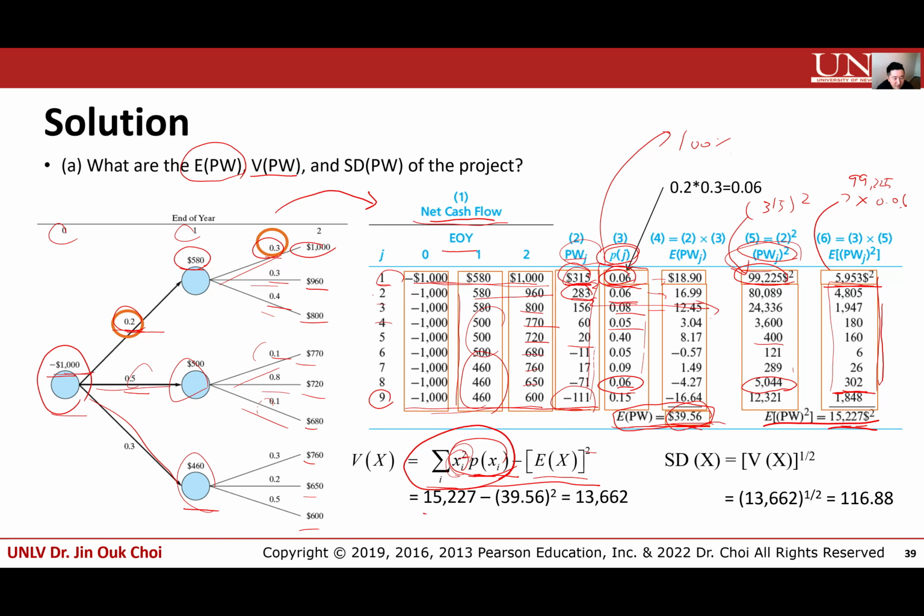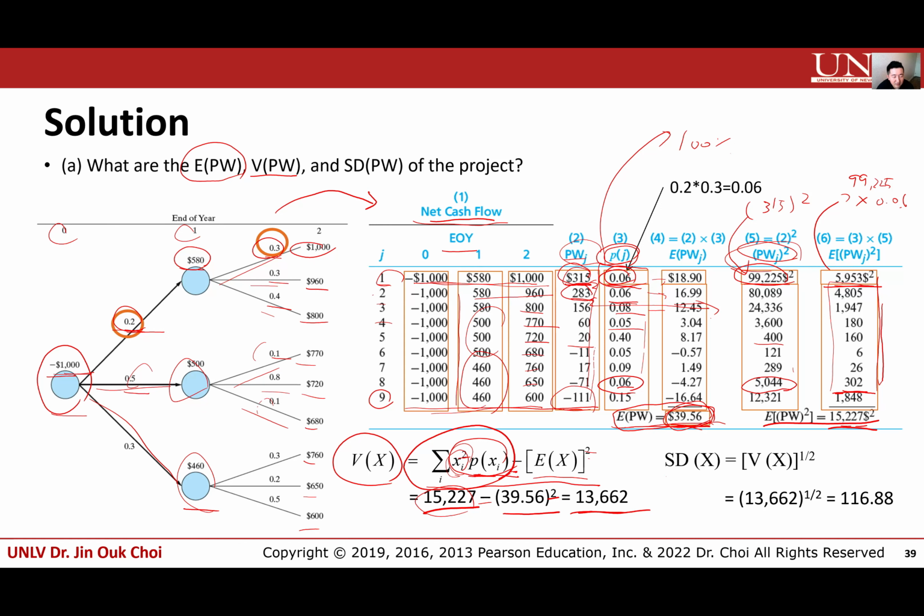which is this, minus the expected value squared, so 39.56 squared. When you deduct it, you will find the variance is 13,662.